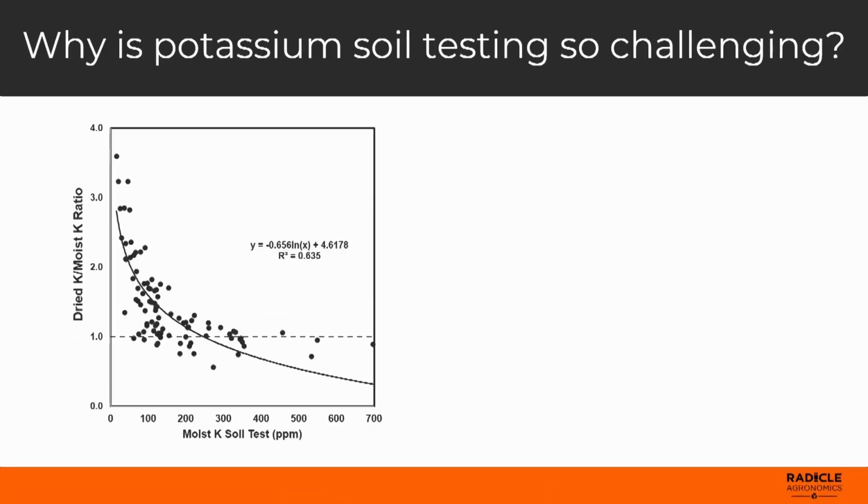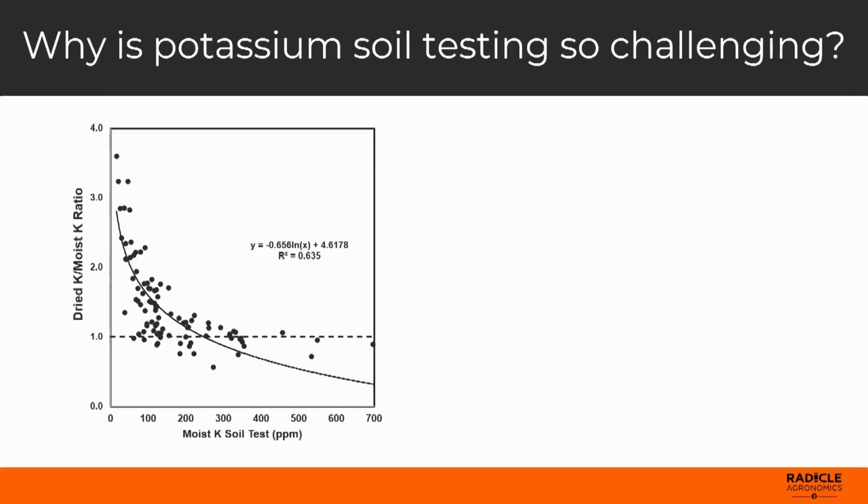And the reason for that, first I'll just show you, this is some data from Iowa, because Iowa is the only state that has an interpretation for a moist K test. So on the x-axis, this is your moist soil test K. Okay?